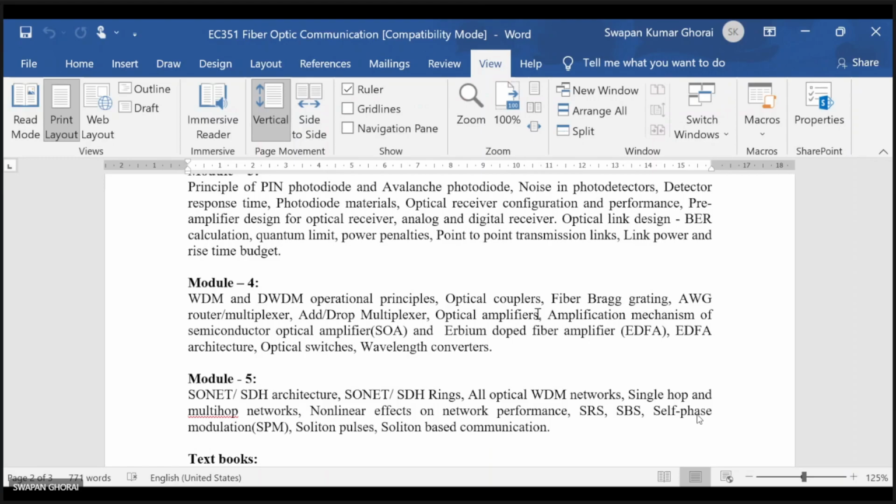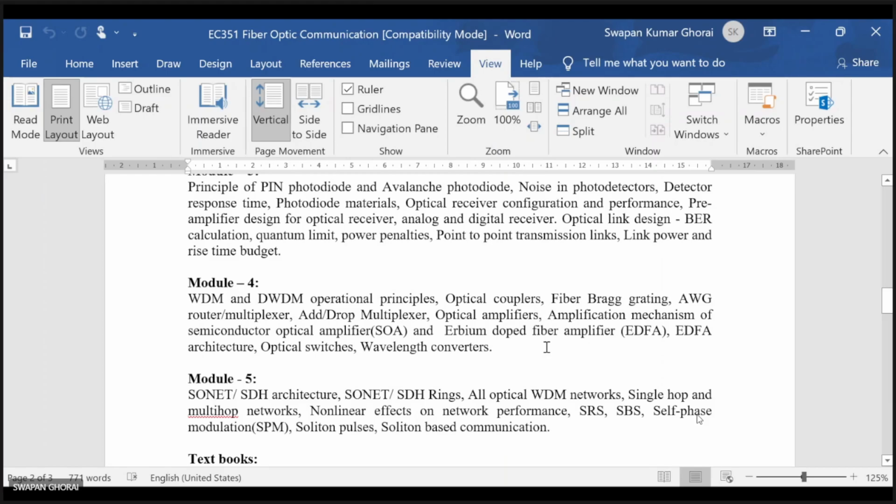When you consider the nonlinear effects with dispersion, then a soliton pulse can be generated within the fibers. If it is based on soliton pulses, then over several thousand kilometers there will be no need for repeaters. So we'll see what solitons are and how soliton-based communication is realized in optical fiber systems. So there are the different modules.